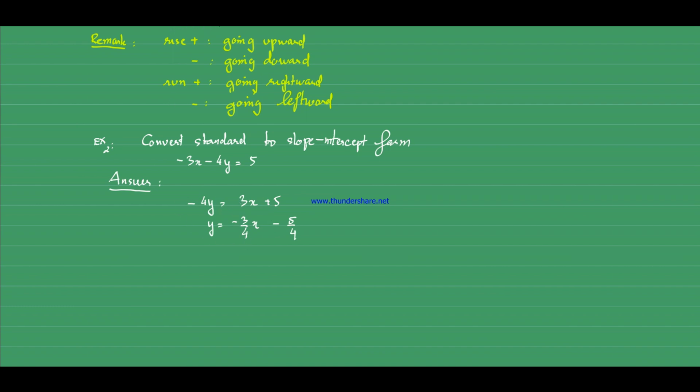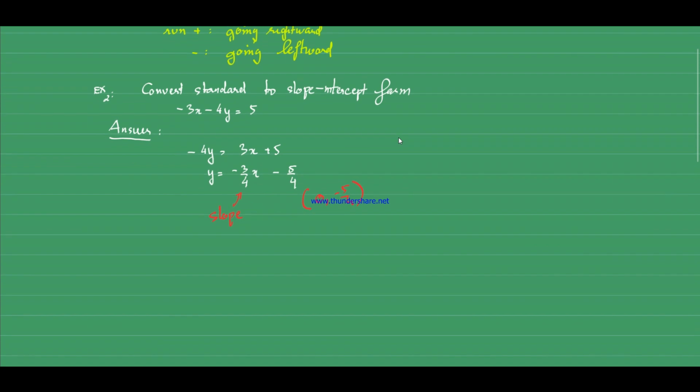Right over here is the slope. This is the y-intercept value, so it means you have the y-intercept point to be 0, comma, negative 5/4. This is where your line is going to cut the y-axis. Good.